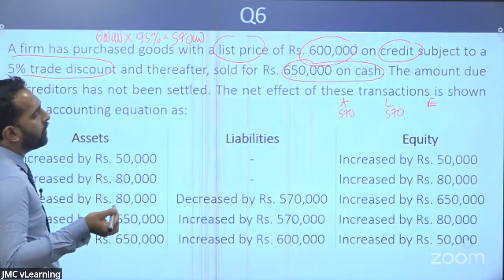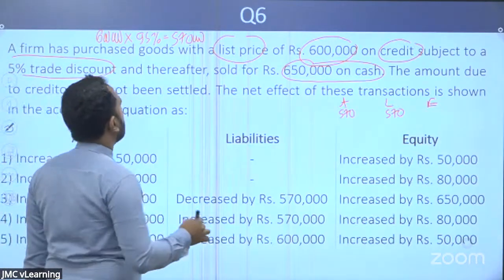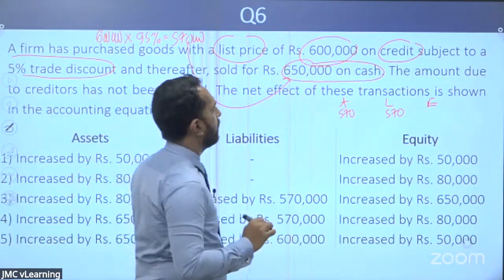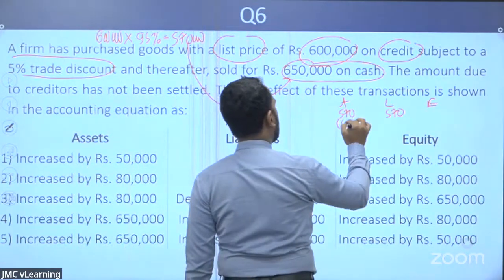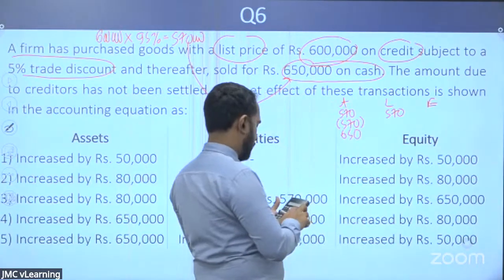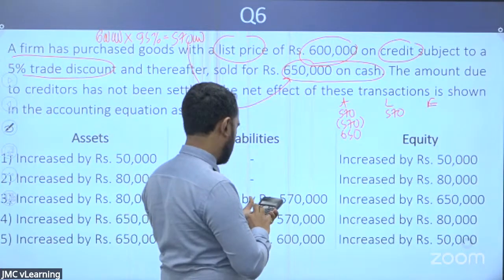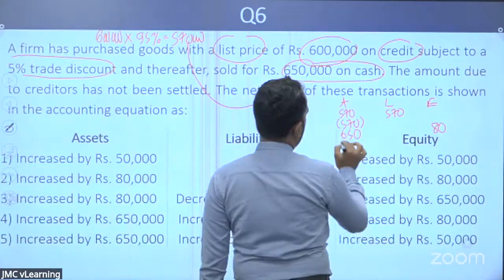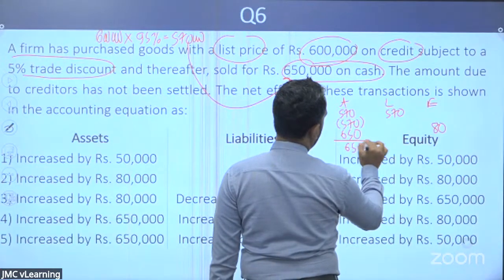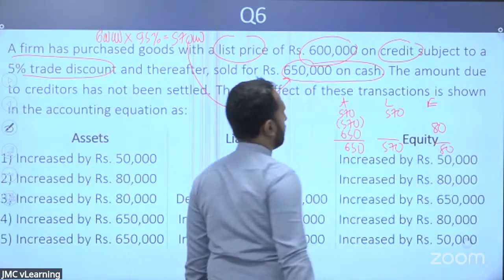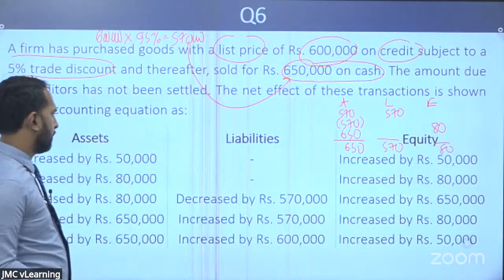Then you are selling them for 650 on cash. So 570 worth of items you are selling at 650. When you are selling, the inventory comes down and you are getting cash. You are recognizing a profit of 80. So here you have 650, 570 and 80. Let's look at the answers.